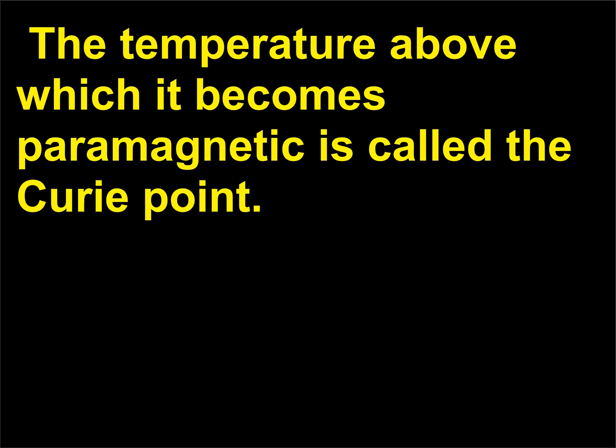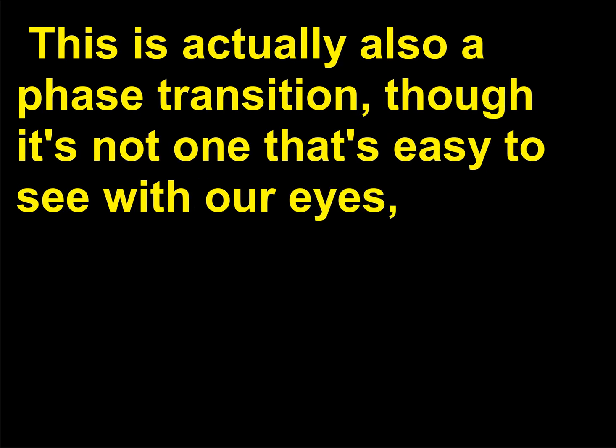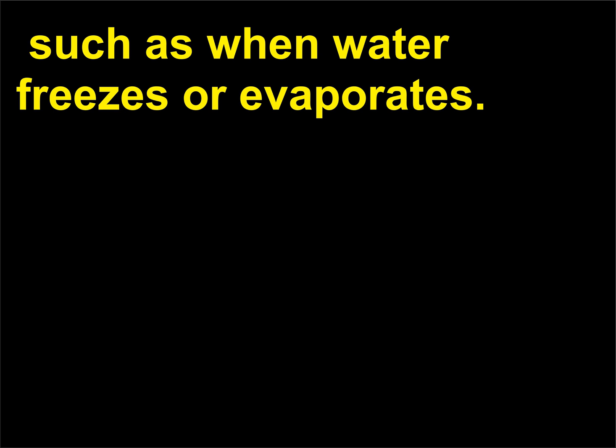The temperature above which it becomes paramagnetic is called the Curie point. This is actually also a phase transition, though it's not one that's easy to see with our eyes. Such as when water freezes or evaporates.